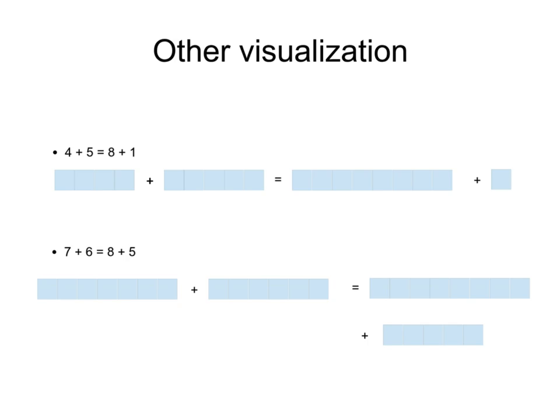And we write the sum as 8 plus 1, 1 being what was left over from 5. In the same way, to compute 7 plus 6, we can take the 1 that is missing from the 7 to get 8 from the 6, and then add 8 plus 5, 5 being what was left over from 6.